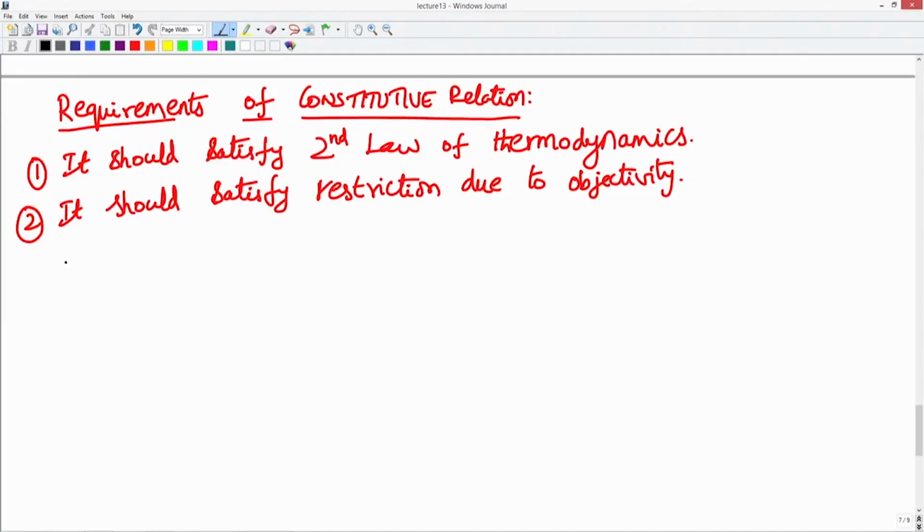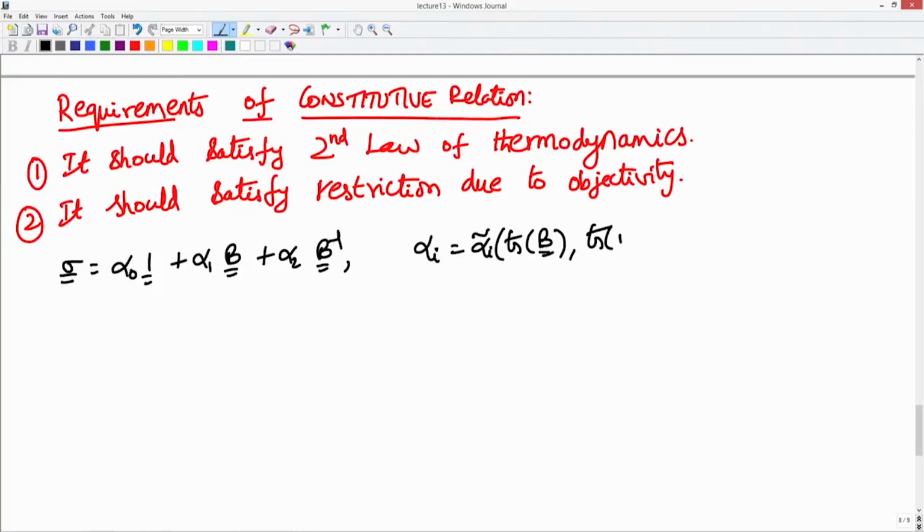Based on this, to satisfy these two restrictions, you will find that the most general expression for the stress would be an equation of this form, alpha 0 I plus alpha 1 B plus alpha 2 B inverse, where alpha i is some function of trace of B, trace of B inverse and determinant of B. Now B is F times F transpose.